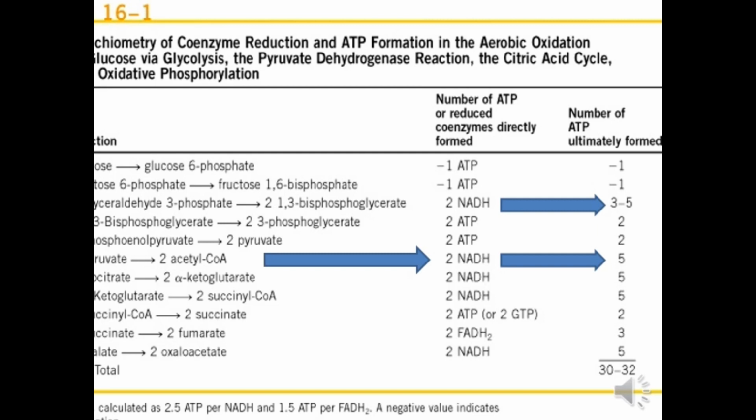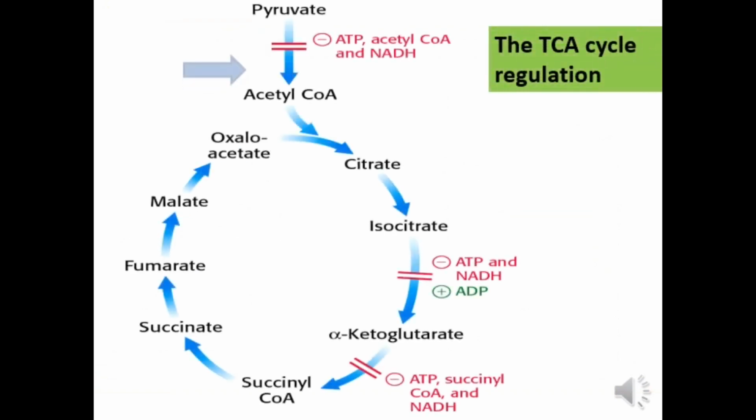Regulation of Krebs cycle. The reaction which convert pyruvate into acetyl-CoA is catalyzed by pyruvate dehydrogenase complex. This enzyme is inhibited by ATP, acetyl-CoA, and NADH. When we see circle with negative, this means inhibition.